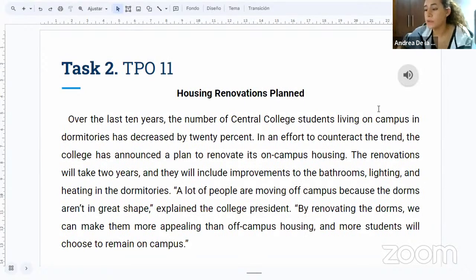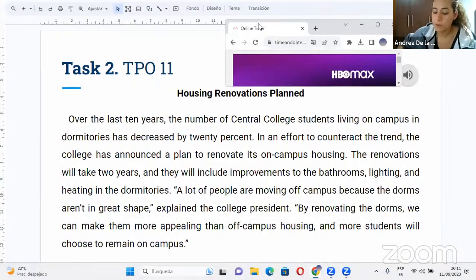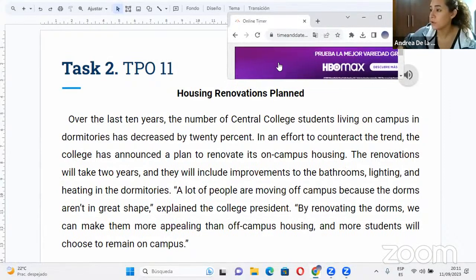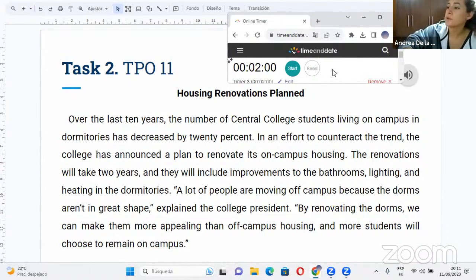Okay, guys, let's start with this one then. So remember that for this task, you first have to read the letter for 45 seconds. Then after you read, we will have to listen to a conversation between 2 students. And then you will be answering the question.